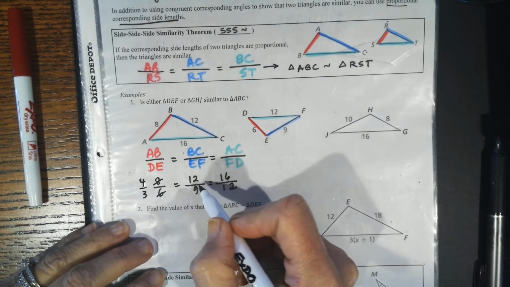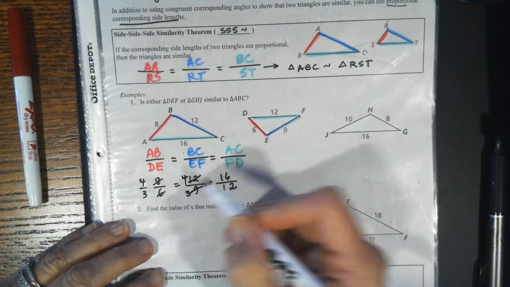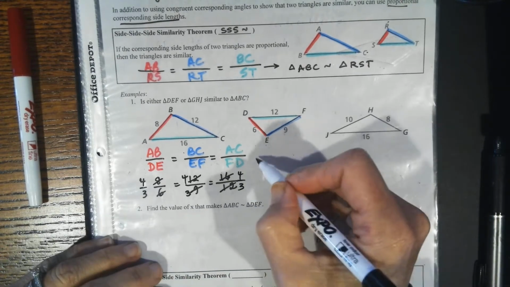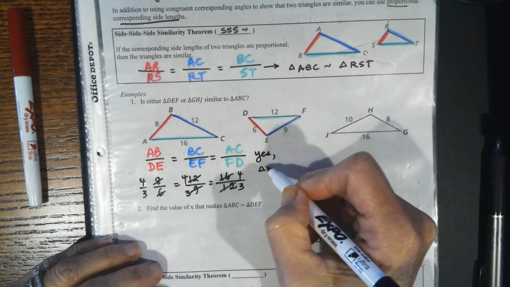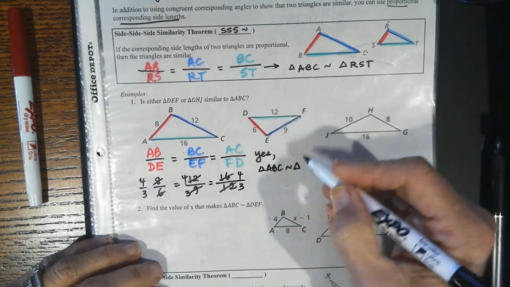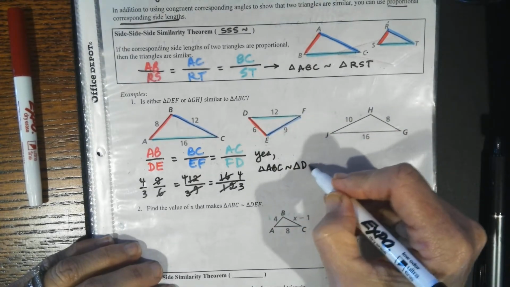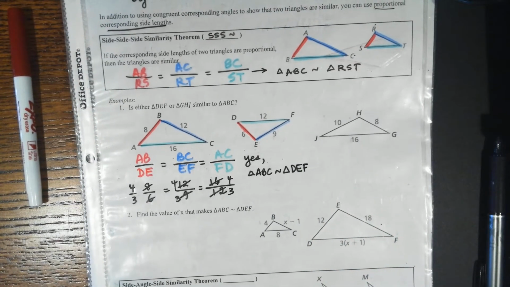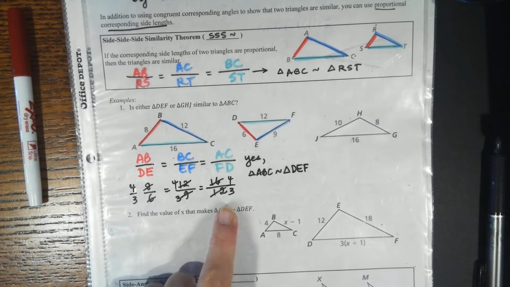This reduces by 3 to 4 over 3, and this reduces to 4 over 3. So yes, triangle ABC is similar to triangle DEF. That's all you need to do is get those three similarities.